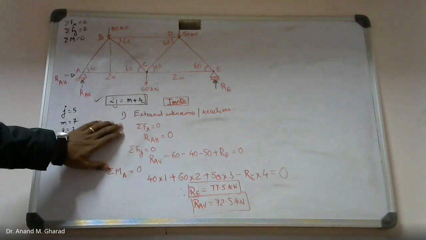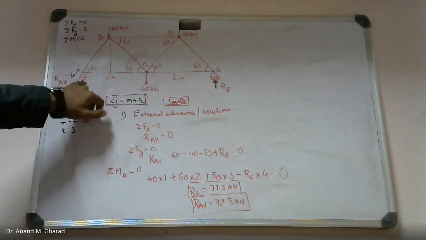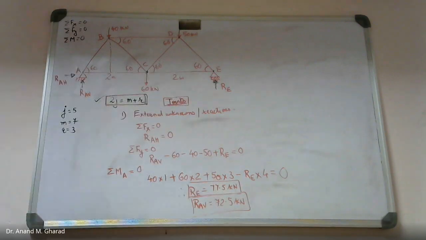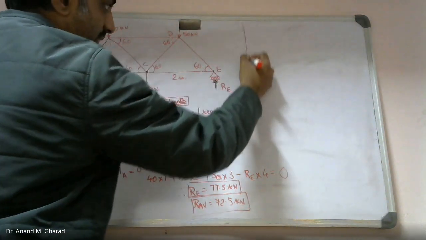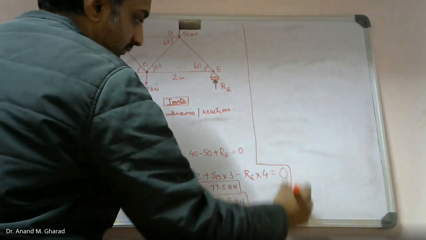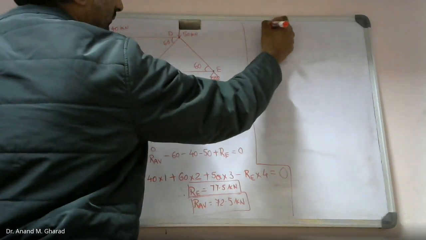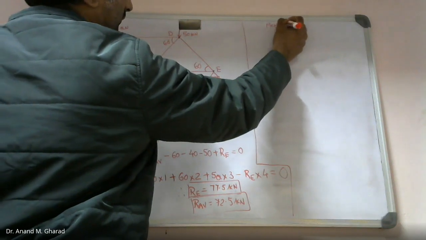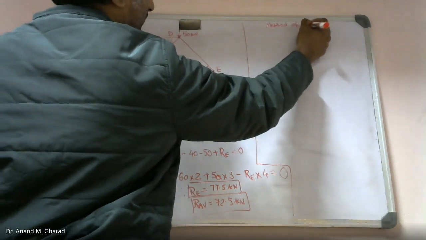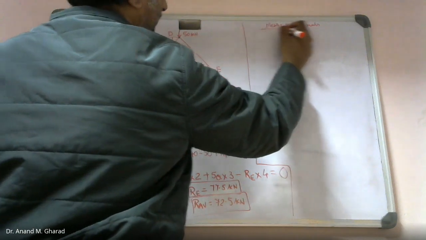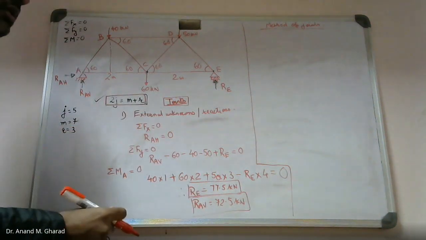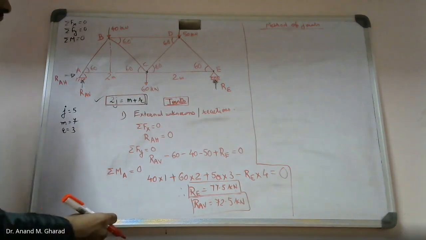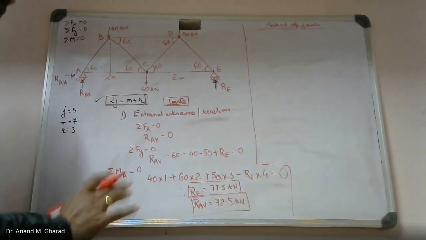Now we have identified the reaction forces at each joint, so you apply the method of joints. As I have told you, you are supposed to isolate any of the joints and identify the unknowns based on the free body diagram.